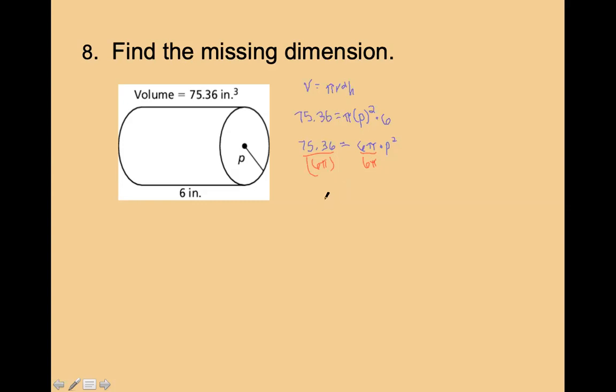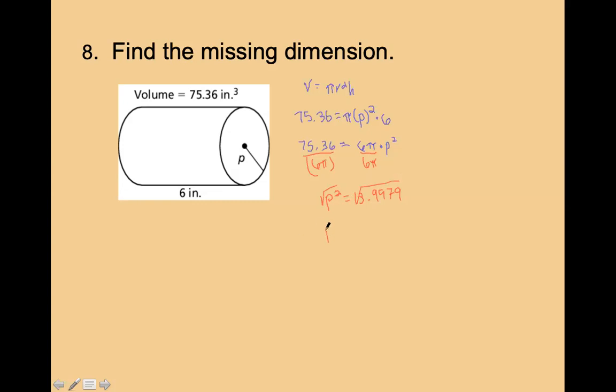When I do that calculation, I get that P squared, notice it's on the left, but I just divided both sides, 75.36 divided by 6 pi ends up being 3.9979. I did a bunch of decimal places, right? Then to undo P squared, because we're trying to find P, take the square root of both sides.